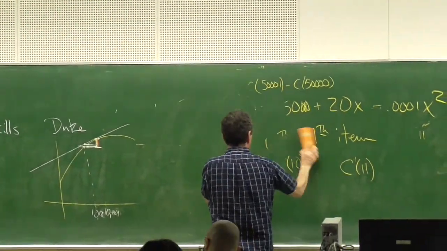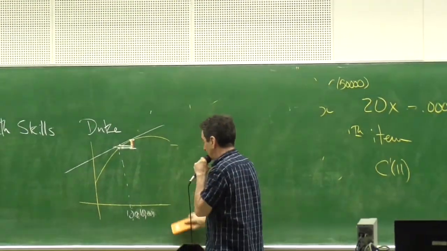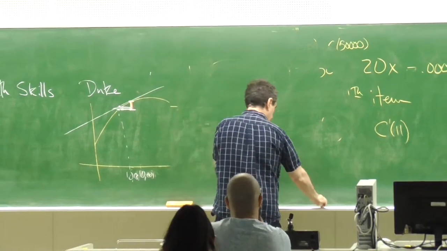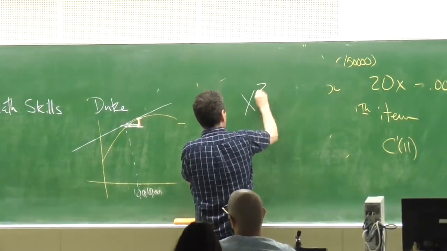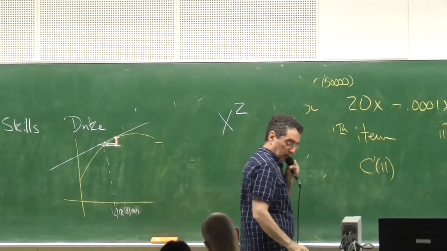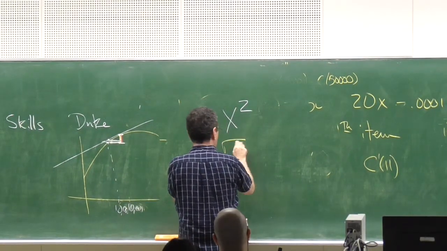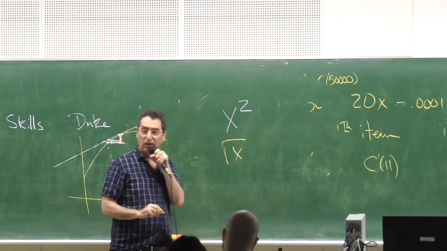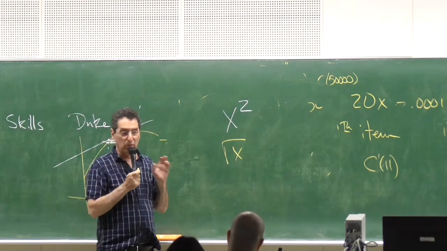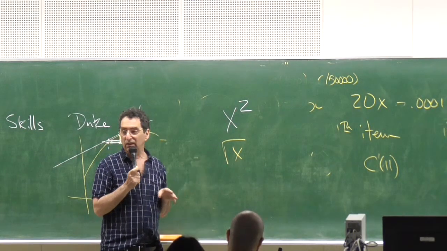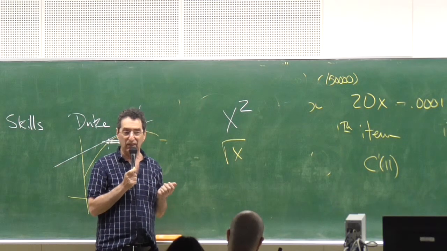It's related in the same way that these two functions are related. X squared and the square root of x. How are they related? If you do one of them and then you do the other, you get x back, right?